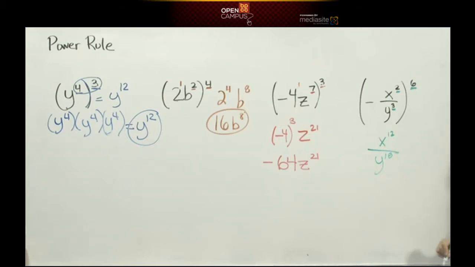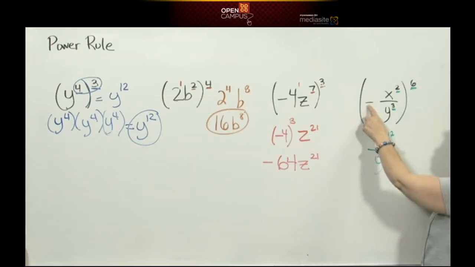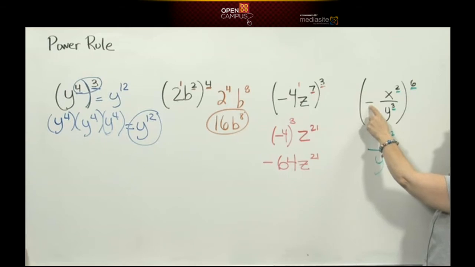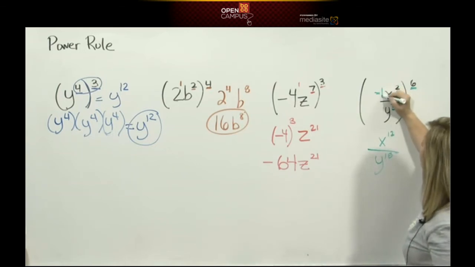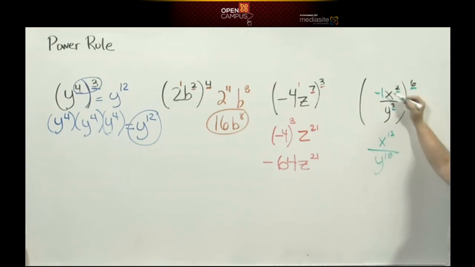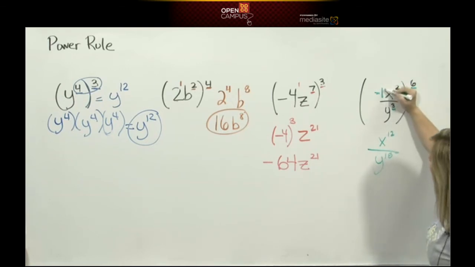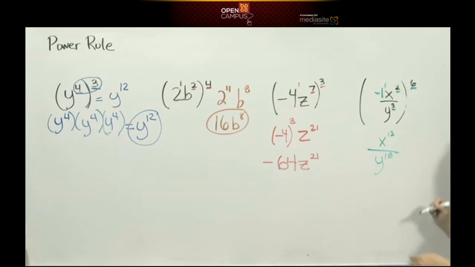Y'all with me? The biggest mistake you forget is to do this symbol. This negative belongs where, guys? That's right, it really belongs to the numerator. And it's really the coefficient of negative 1. We have to take negative 1 and do it 6 times because remember, that's a number. It has an invisible exponent of 1.